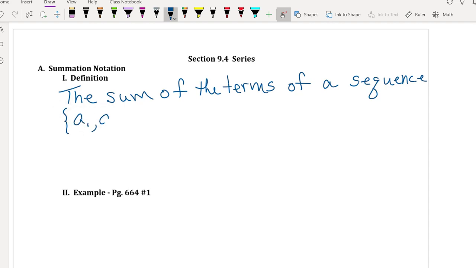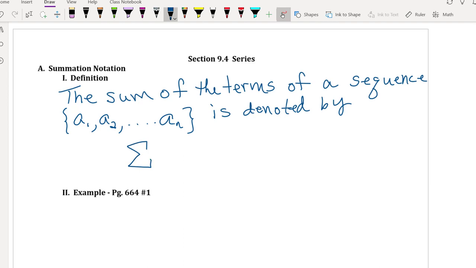So we have a sub 1, a sub 2, and so on to a sub n. And it is denoted by, we use a capital sigma for summation, and you see k here, and you also see j, sometimes n. So this definition is showing the summation from k equals 1 to n of a with a subscript of k.